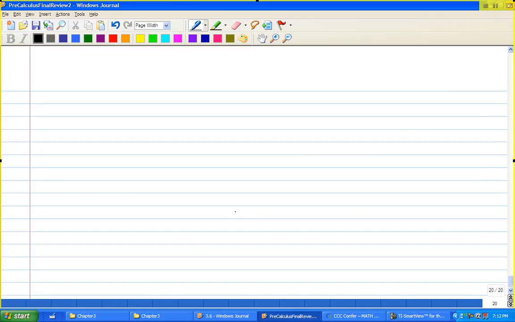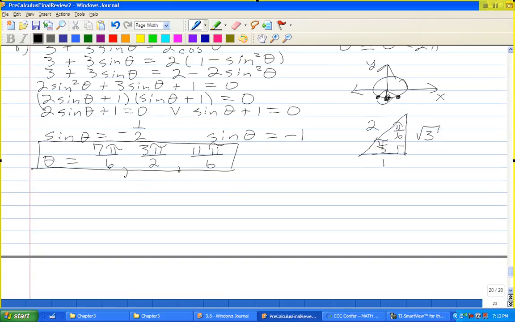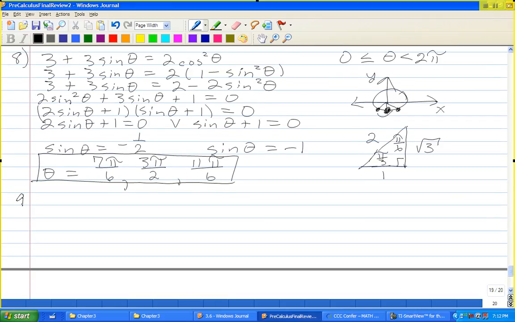Okay, 9. So given the following, sine alpha is 7 over 25, where alpha is in the first quadrant.